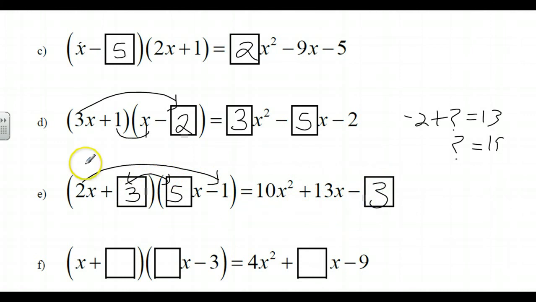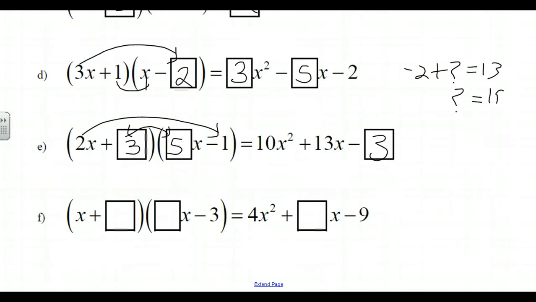And really, if I was given this, that's how I multiply it out, right? I go 10x squared, I know that's the first term. I go minus 2x plus 15. In my head, I go minus 2 plus 15 is plus 13x, and then I go minus 3. And just basically write out the final answer without writing out this split into two terms. Okay, 4x squared.